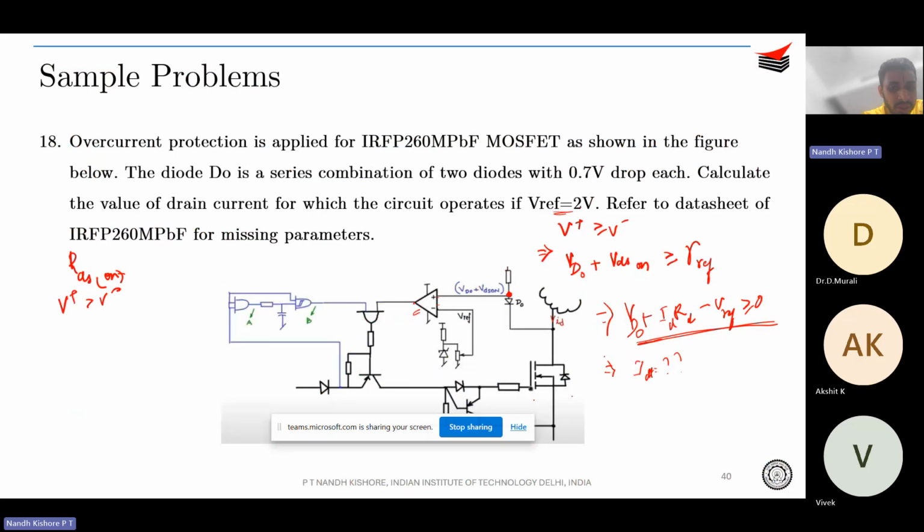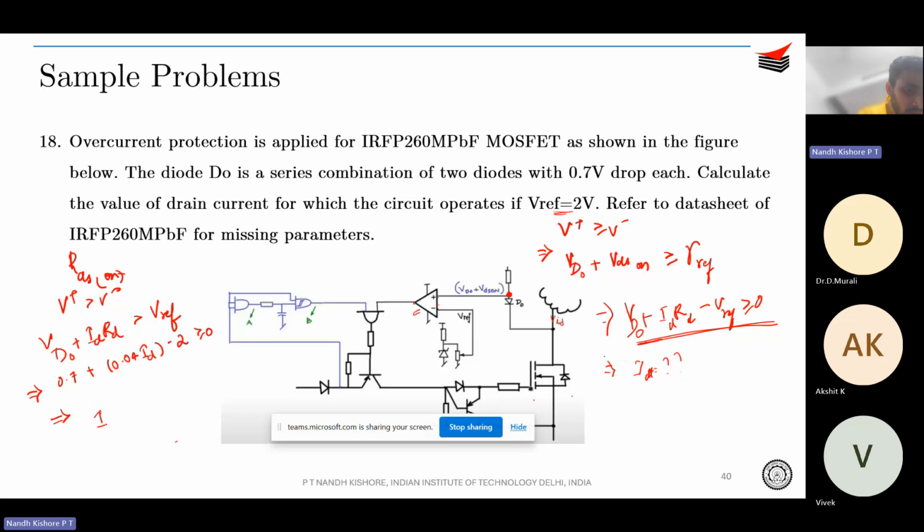V plus is VD0 plus IDRD, which should be more than VREF. VD0 is 0.7, RD is 0.04 ohms, so 0.04 ID minus 2 should be more than or equal to 0.